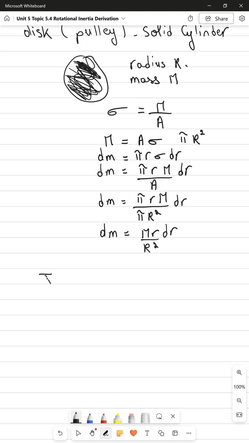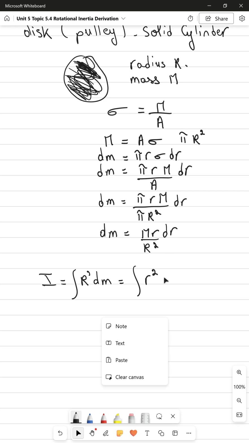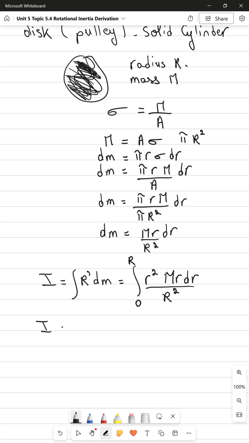Right now, again, I equals the integral of r squared dm, which will be the integral of r squared, and instead of dm, it's going to be 2 m r dr over R squared, and here we have to integrate it from 0 to R. So I equals 2 m r cubed dr over R squared from 0 to R.